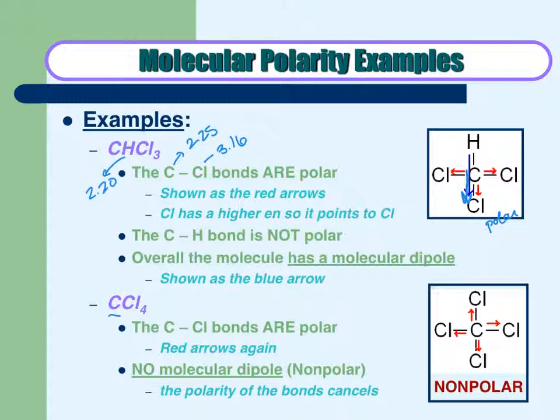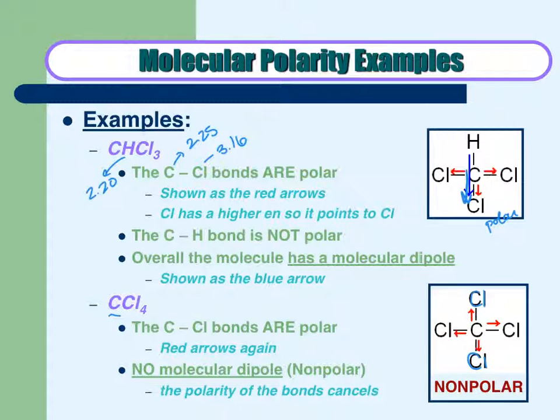If I'm looking at the carbon tetrachloride, again, all of these bonds are polar bonds, which I have drawn with the red arrows here. And they're all pulling in equal opposite directions this time. So each chlorine has something else pulling against it in the opposite direction.